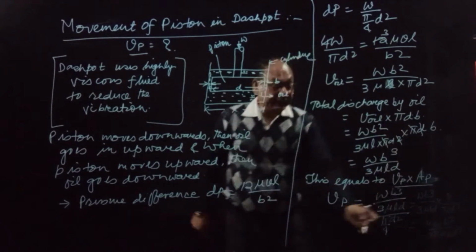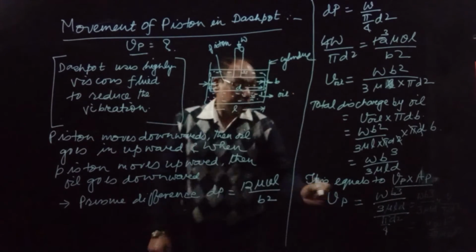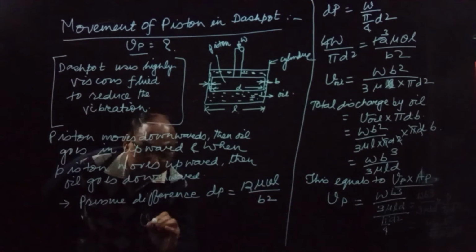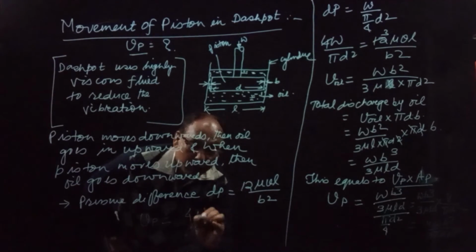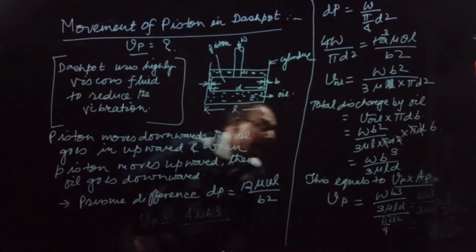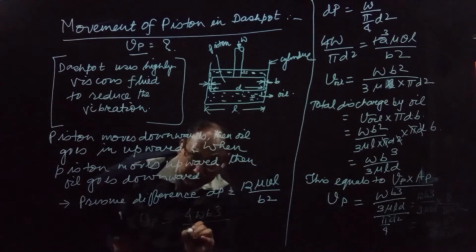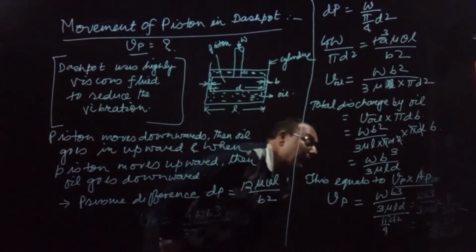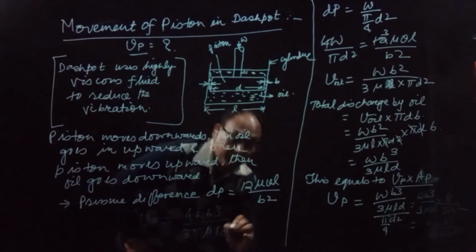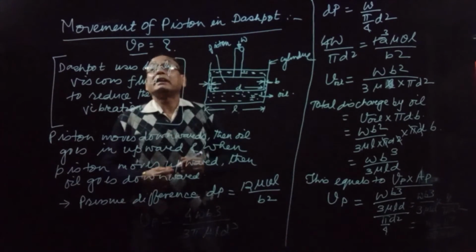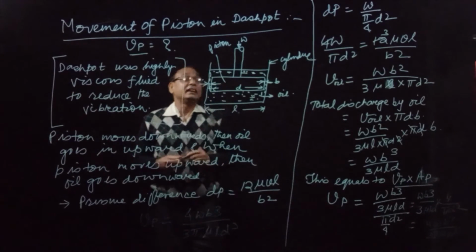By this equation we can find out the velocity of the piston. This is the movement of the piston in the dashpot.